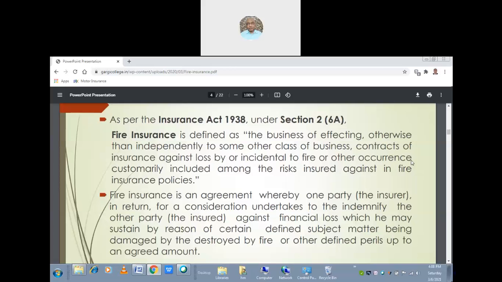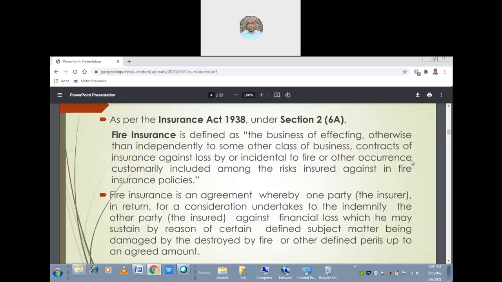Okay, I think it is very clearly mentioned that incidental to fire means other occurrences. For instance, suppose a hurricane comes. I don't say sea peril here, but untoward incidents can also be added in fire insurance, because whatever is added will be clearly mentioned in the bond. That is the way: incidental to fire or other occurrences customarily included.